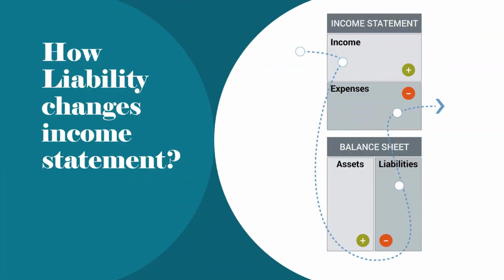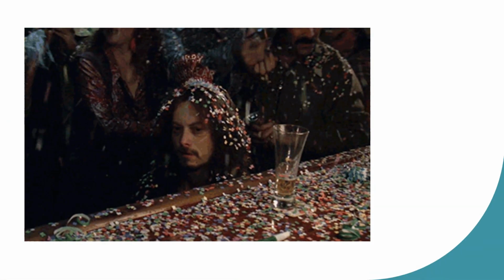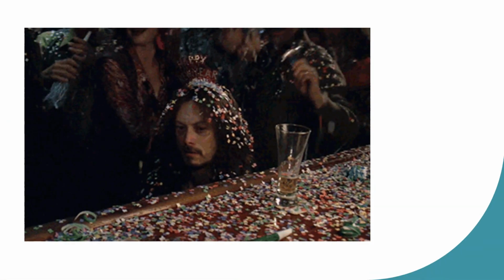Let's see how it affects your finances. As you can see in the statement, the cash flow goes from the income to the liability as you bought it, and then the liability will have some expenses, so the cash goes out from the expenses section. As the cash goes out, you end up feeling like this, which we don't want for anyone.